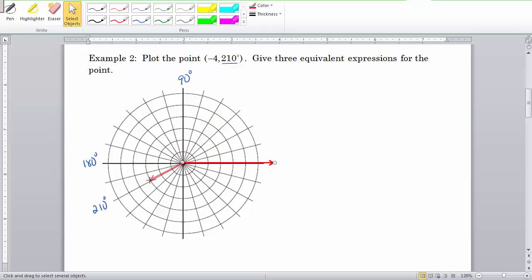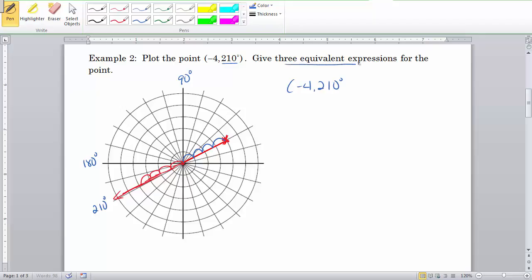But I don't want to go toward 210, because r is negative. I have to go backwards. 1, 2, 3, 4. And this is my point. So think about extending that line toward 210, but I didn't go 1, 2, 3, 4. No, I went -4. Again, pretty confusing.